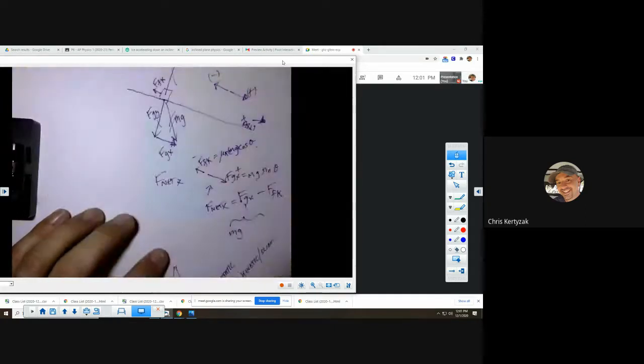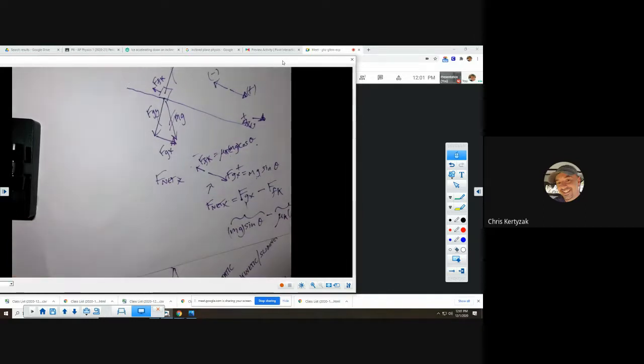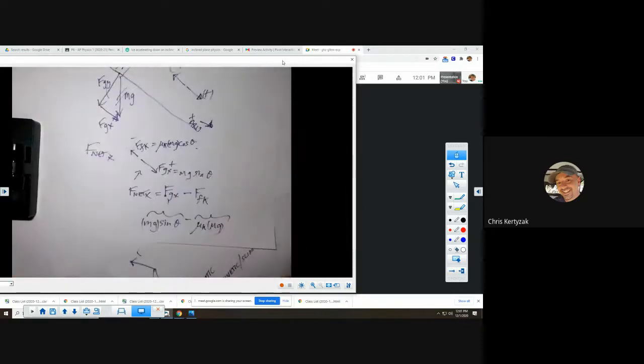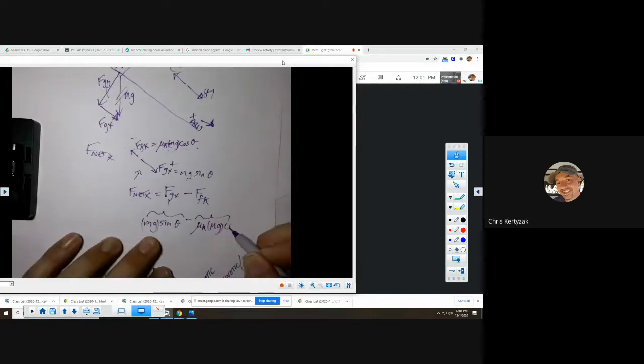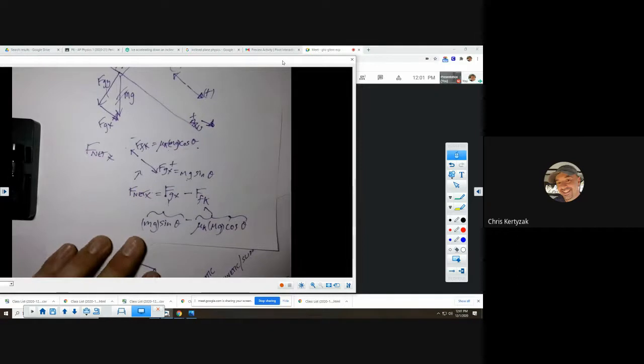So I end up with FGX, which is mg sine theta, minus mu k times mg cos theta. That's the expression for the frictional force.